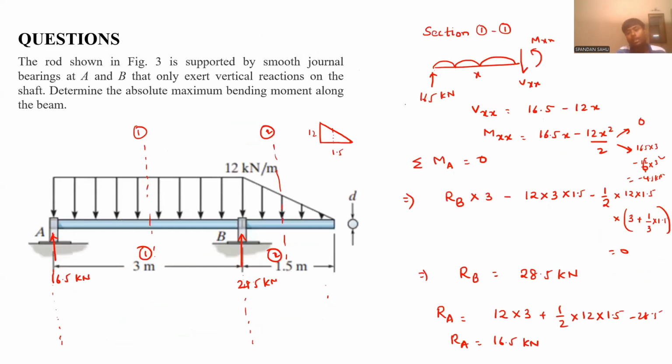For this equation, you differentiate once with respect to x to get the x value where the maximum bending moment is supposed to come. So if you differentiate dMxx by dx, you will get 16.5 minus 12x.